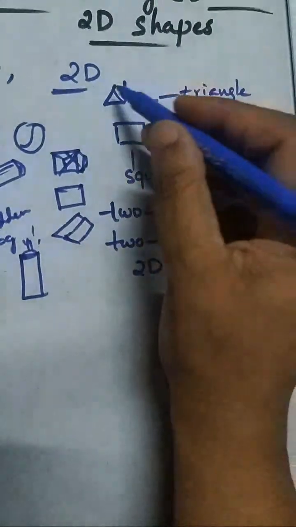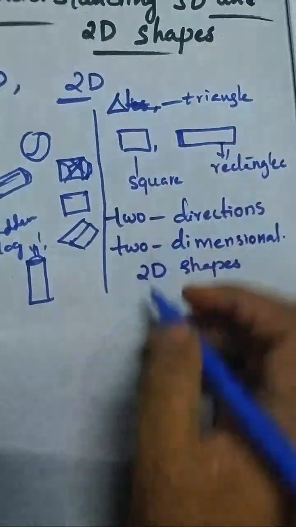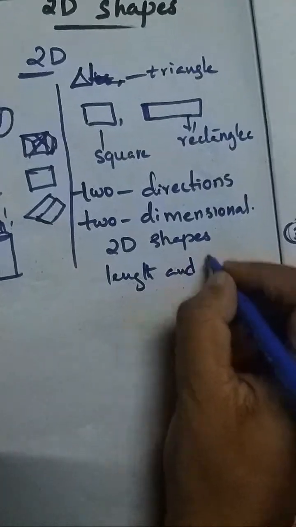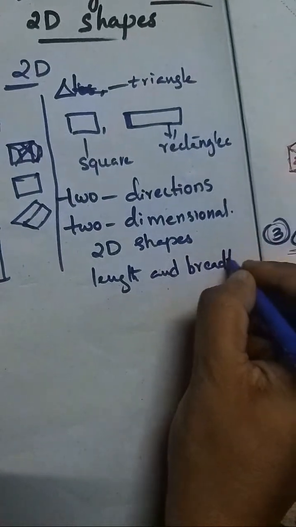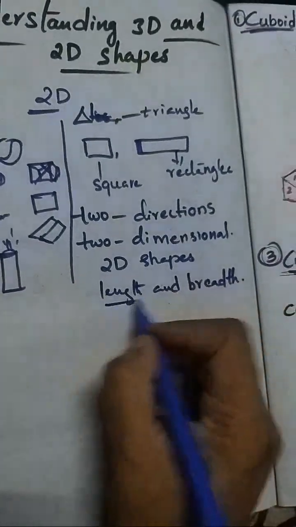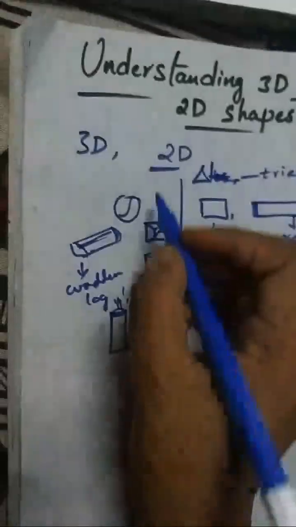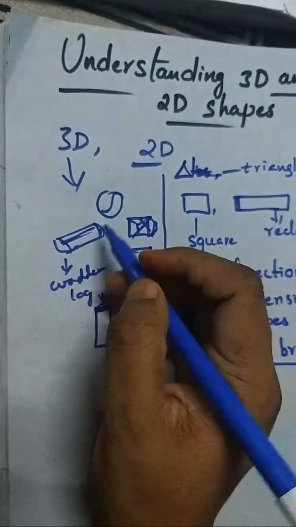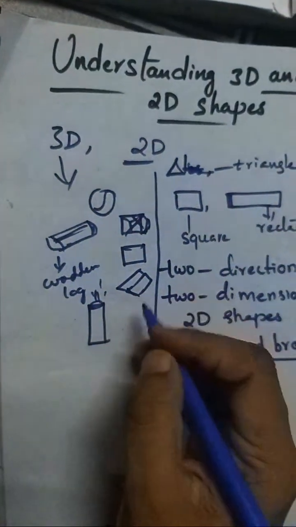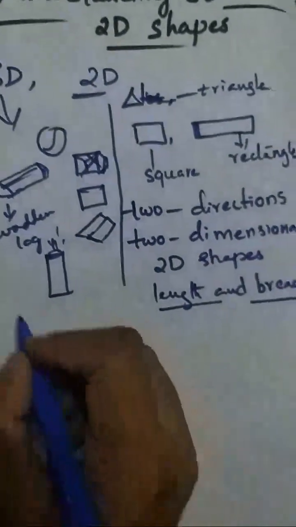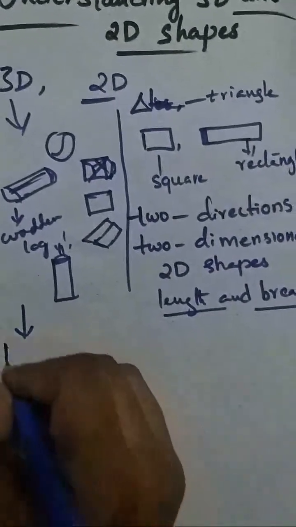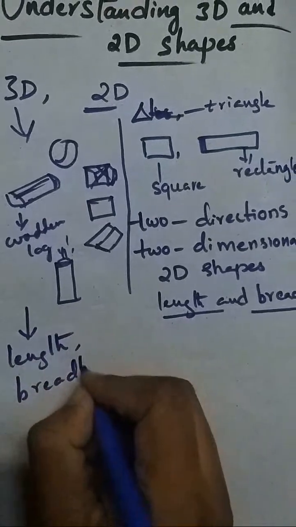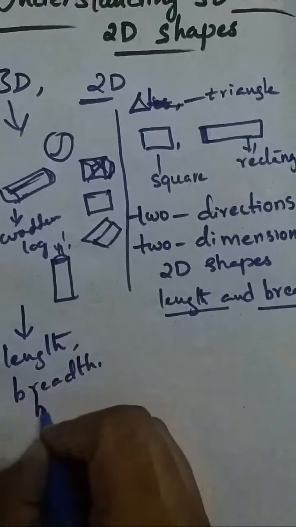So in these 2D examples, we have seen only length and breadth. Length and breadth we have calculated for these examples. Okay, only length and breadth. But in these 3D shapes like sphere, cube, cuboid, cylindrical shape, and examples like these, we have to calculate length, breadth, and also height or depth.